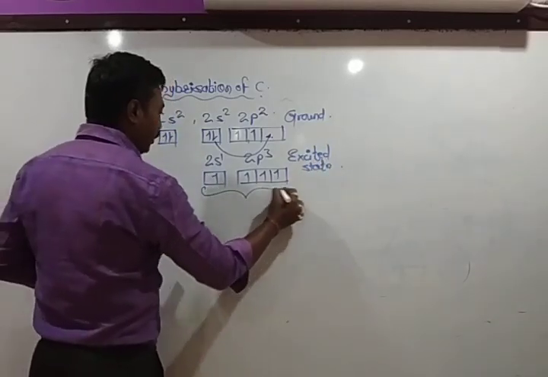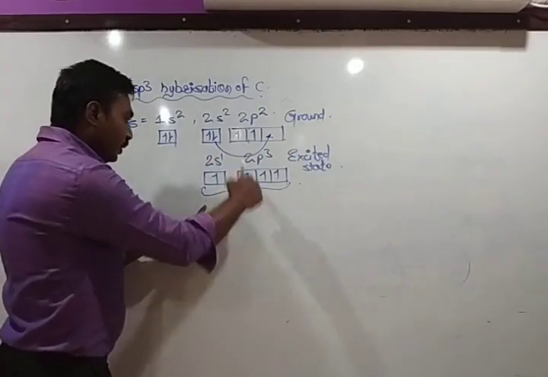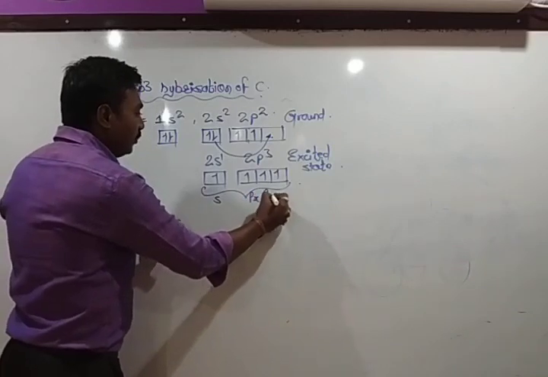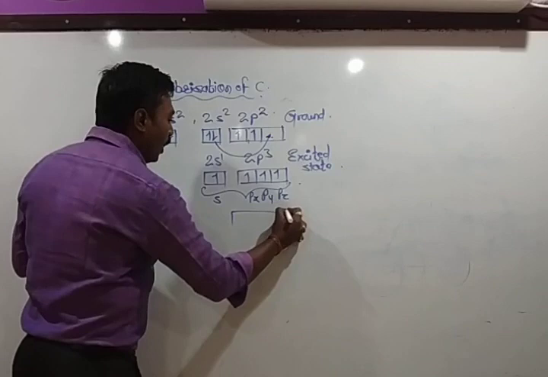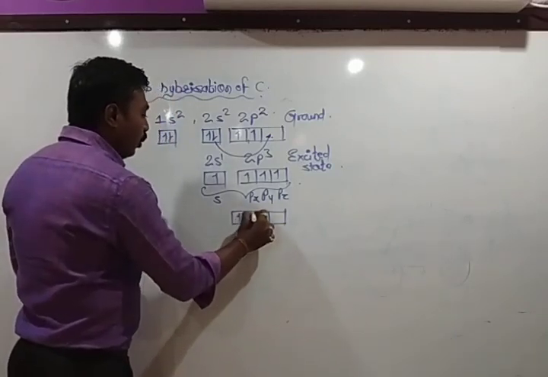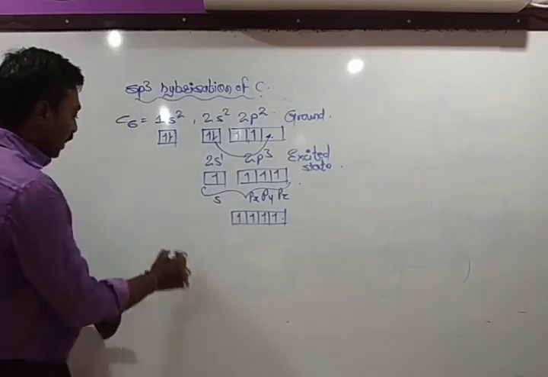The 1s orbital and 3p orbitals, px, py and pz, combine with each other and form four newly generated sp3 hybrid orbitals, each containing 1 electron.